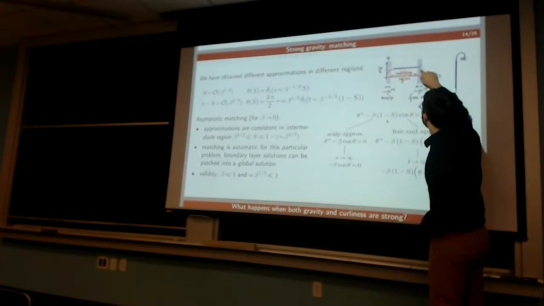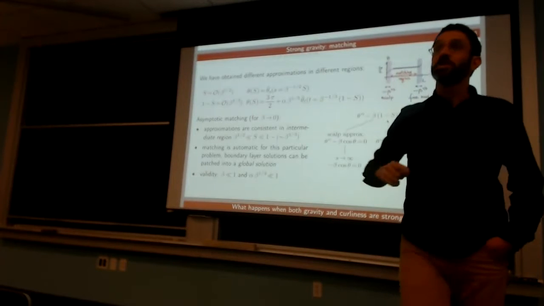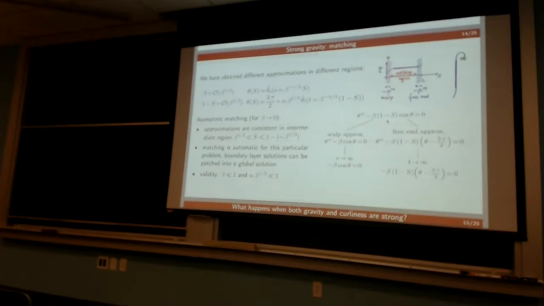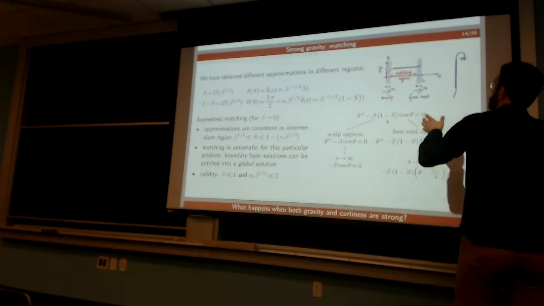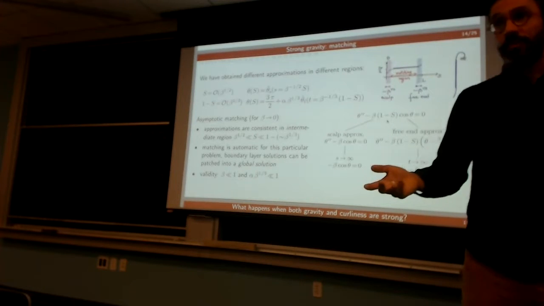And then if you are here, you need to use the relevant approximation. Okay. So the key thing here, when we move from local approximation to proposing a global solution, is to make sure that there's a region of overlap where the two solutions agree.